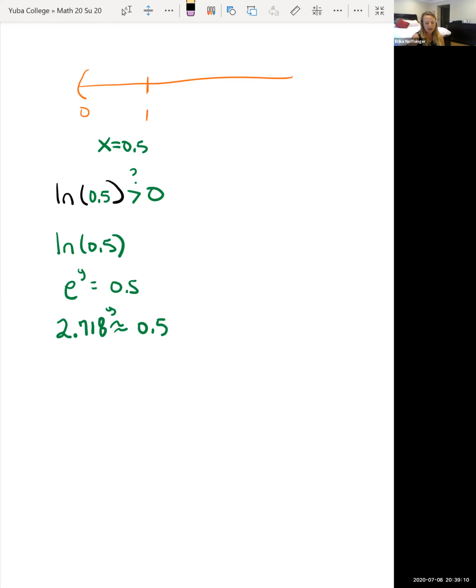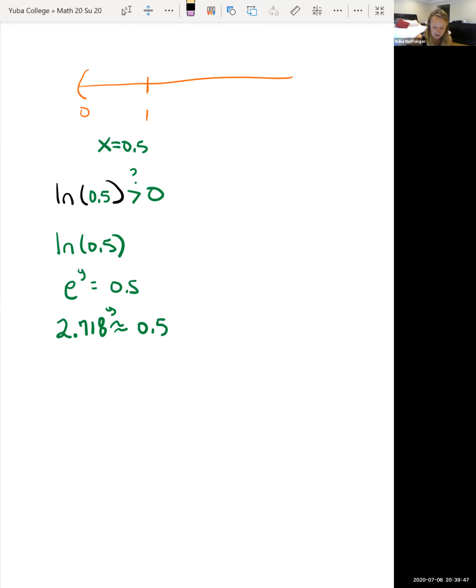If I plug in a positive number for y and raise 2.718 to a positive number, that's going to give me something bigger than 1. The only way to raise 2.718 to get a number between 0 and 1 is with a negative exponent.